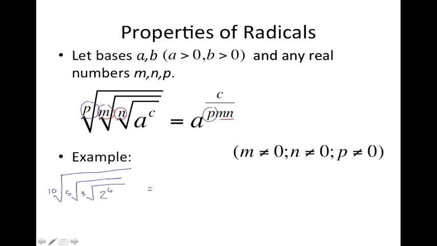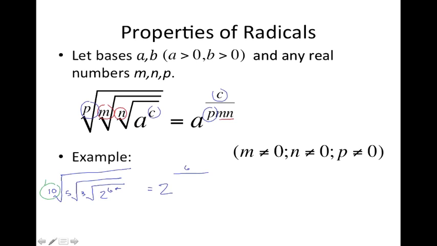My base is 2, that's easy, that just gets to go right there. This 6 is going to become the numerator, right, because we have this c and this c. So that becomes the numerator of the new exponent. And on the bottom, I'm going to have all of these numbers.